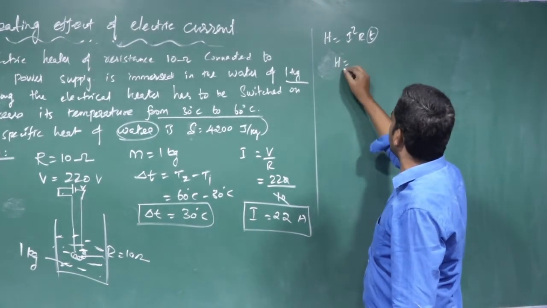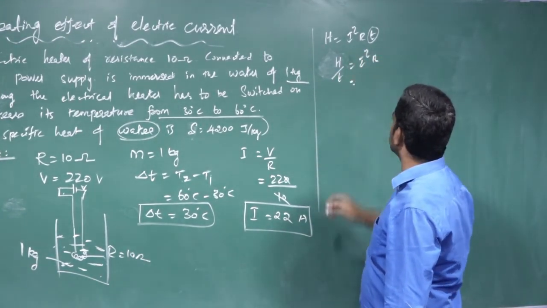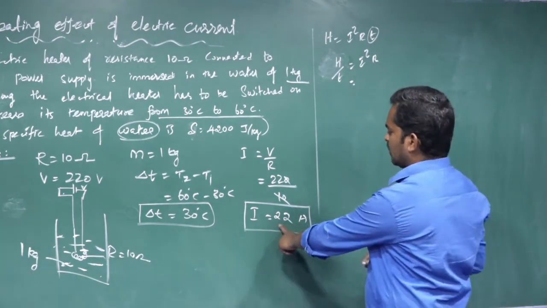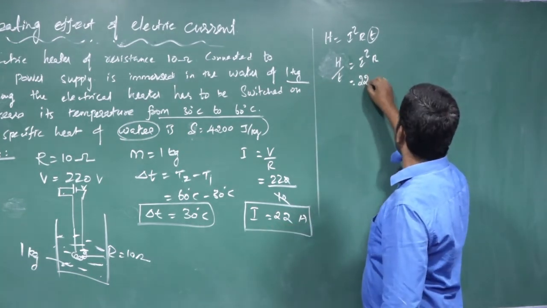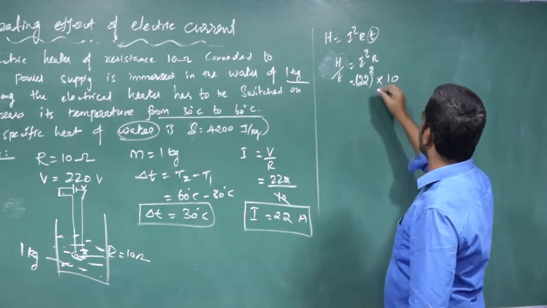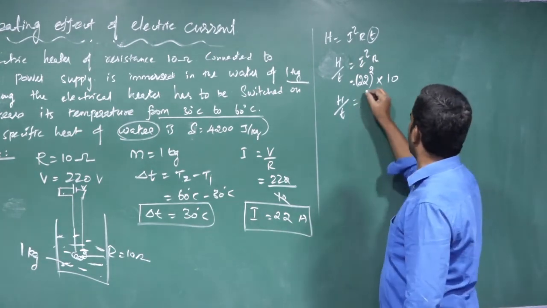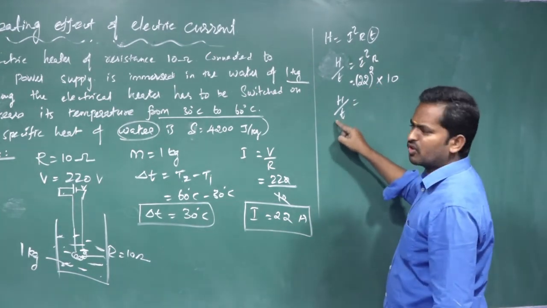So H divided by T is equal to I square R. I value is 22. So 22 whole square into resistance value 10. Heat energy produced in 1 second, T is equal to 1 second.